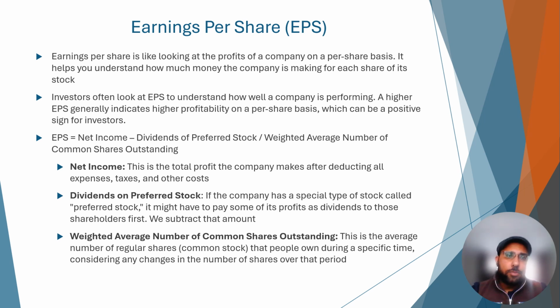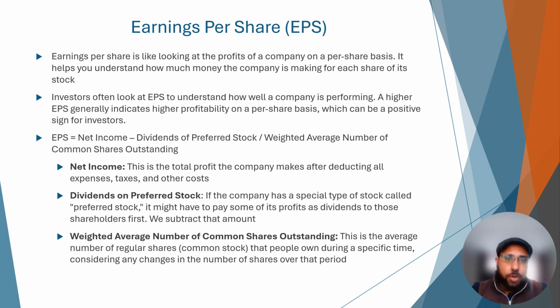There are limitations with earnings per share, because remember, the earnings per share figure is taking into account net income, which is absolutely fine, but it's always the number of shares outstanding. So earnings per share can be manipulated. Companies can very easily do share splits.